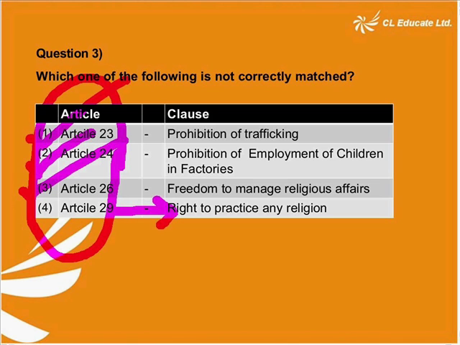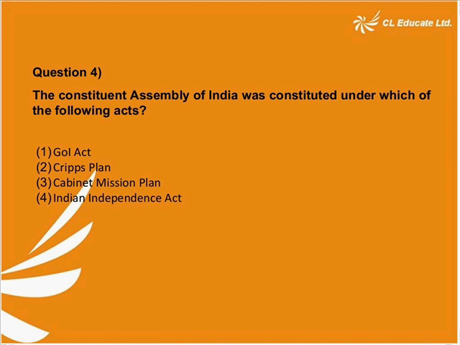Yes. So the correct answer is, was it the Government of India Act? No, of course not. This was in 1935. Remember, the Government of India Act became the basis of our Constitution. Today, most of our elements have been taken from the Government of India Act.